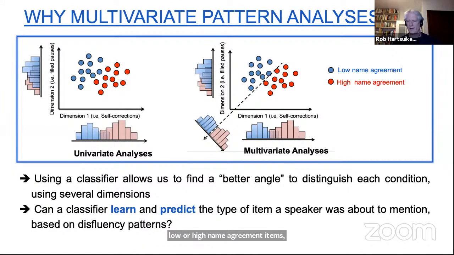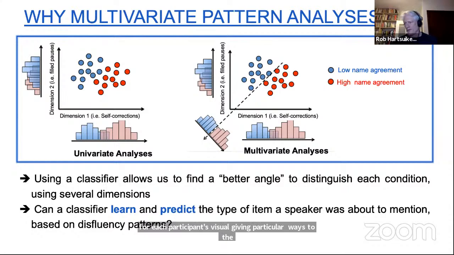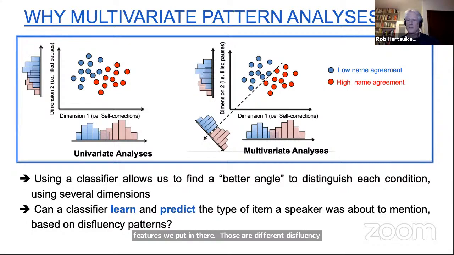So the classifier creates a solution, a prediction for each participant individually, giving particular weights to the features we put in there. So those are different disfluency types. And then you can also look at whether this is consistent across participants. So is it the case that different participants show similar patterns or combinations of these features?